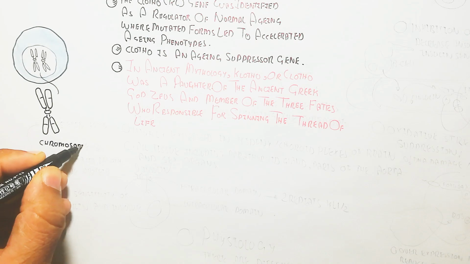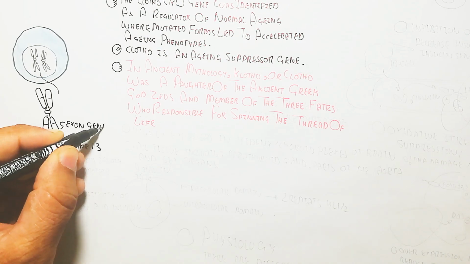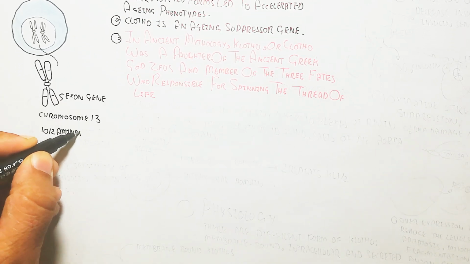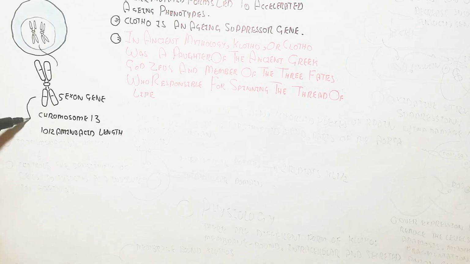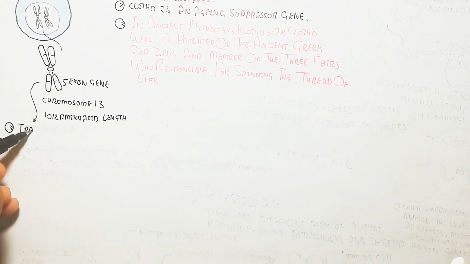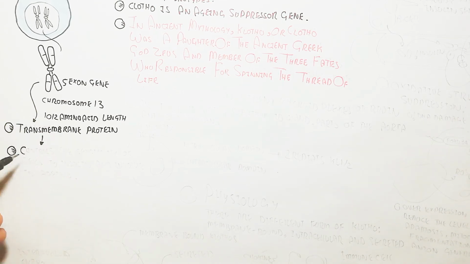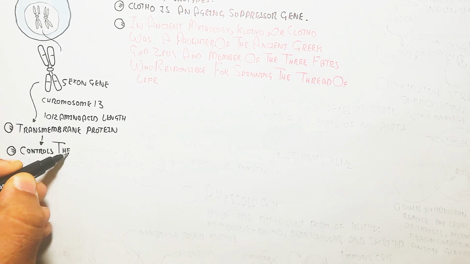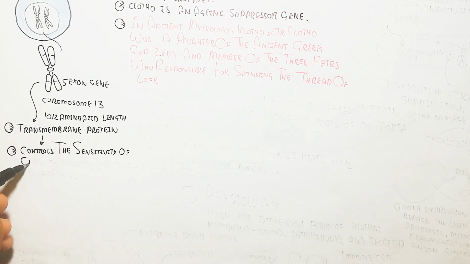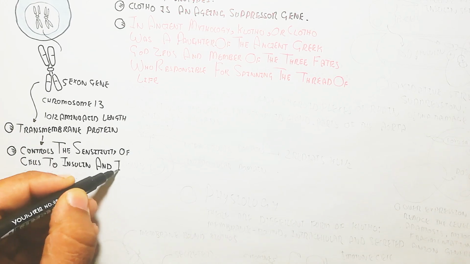The Klotho protein is 1012 amino acids in length, and it is a transmembrane protein. Remember, this transmembrane protein basically controls the sensitivity of cells to insulin and is involved in aging.